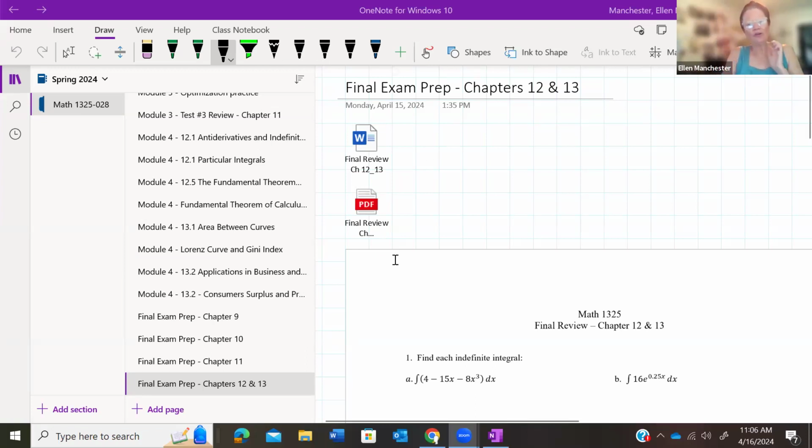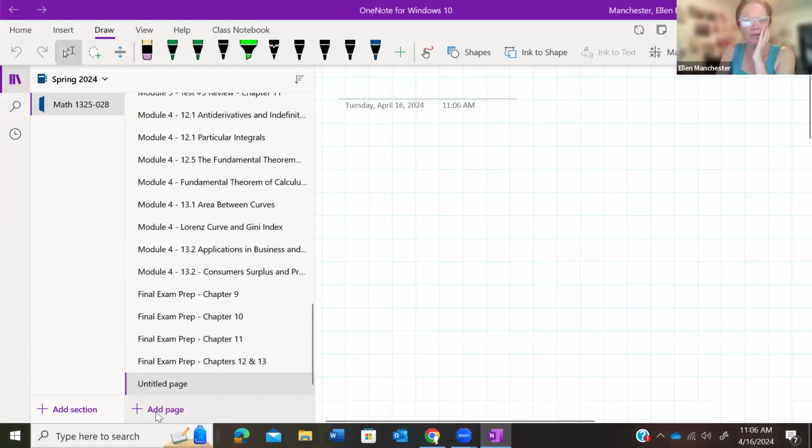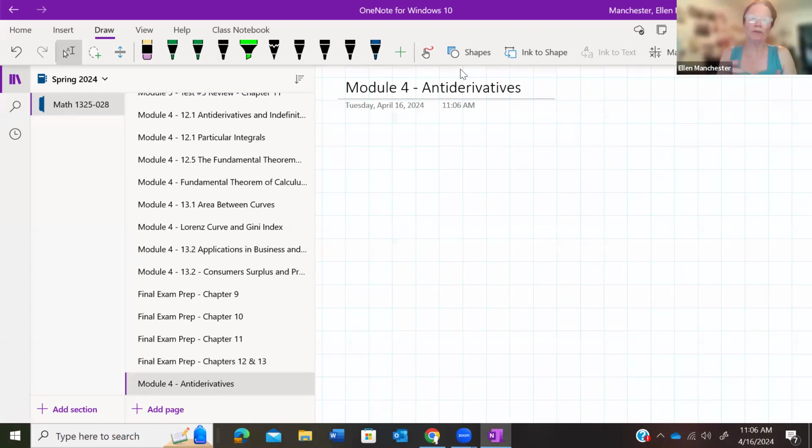Okay, so when we're looking at antiderivatives, there's several different terms. Just like the derivative was slope, derivative was instantaneous rate of change, derivative was marginal. Remember the term marginal?